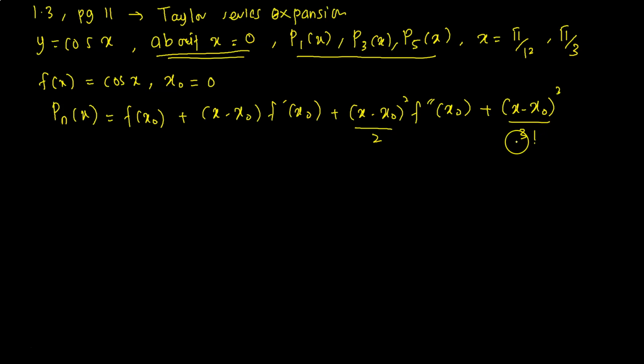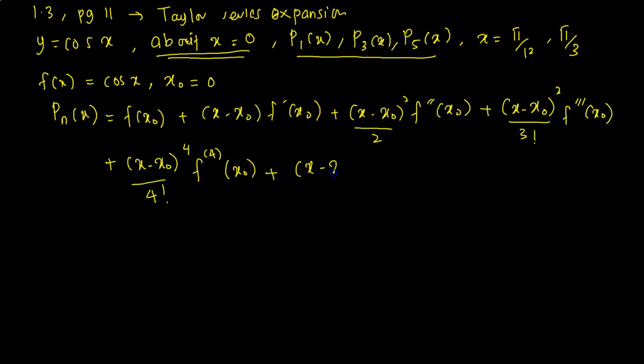And how to find the 3 factorial? You can use your calculator. f triple prime(x naught), and then plus (x minus x naught) to the power of 4 divided by 4 factorial, f4, which means you need to differentiate the function 4 times at x naught, and then plus (x minus x naught) to the power of 5 divided by 5 factorial.